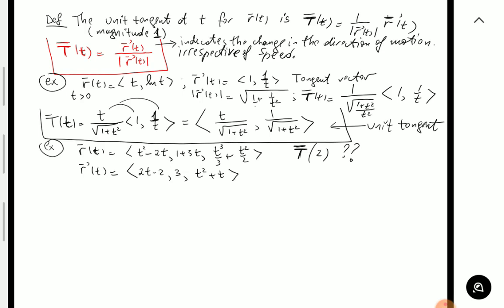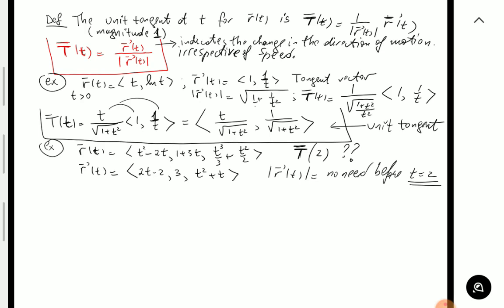But notice that if you want to compute the magnitude right now, there's no need to do it before plugging in 2 for t, because there is no more differentiation to do at this point. I just have to compute the unit tangent at t equal to 2, not at any point in general.